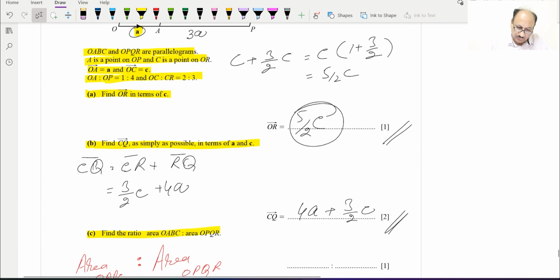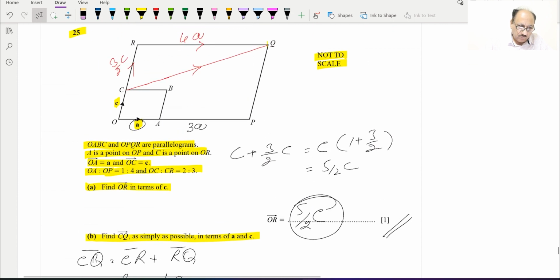Area of this will be 4A multiplied by 5/2C, because this side we can take as 5/2C.